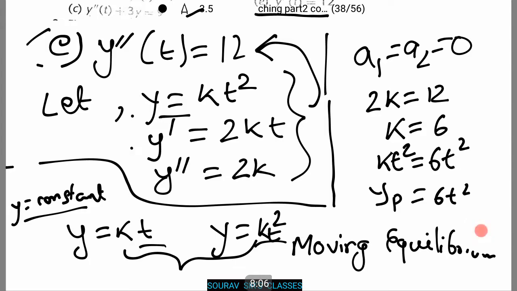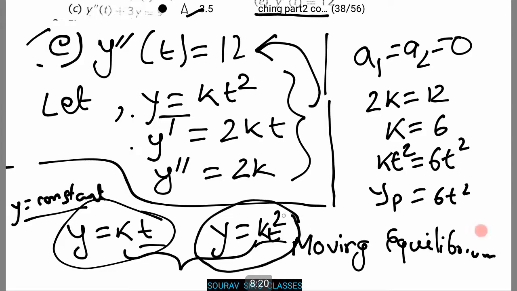This is regarded as the moving equilibrium, just because the value of y changes with respect to t. Notice in the second case we have y equals kt, but the value changes further for the next case.